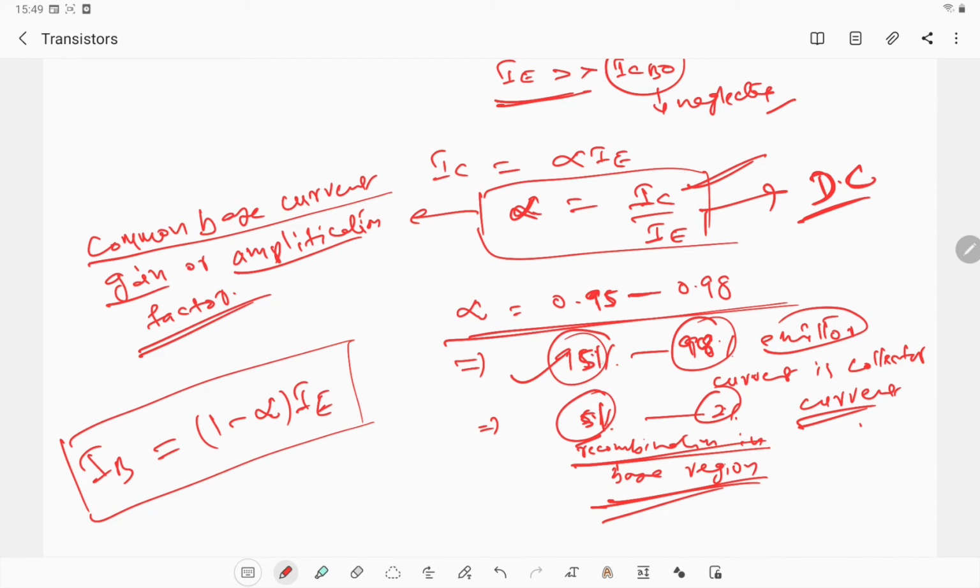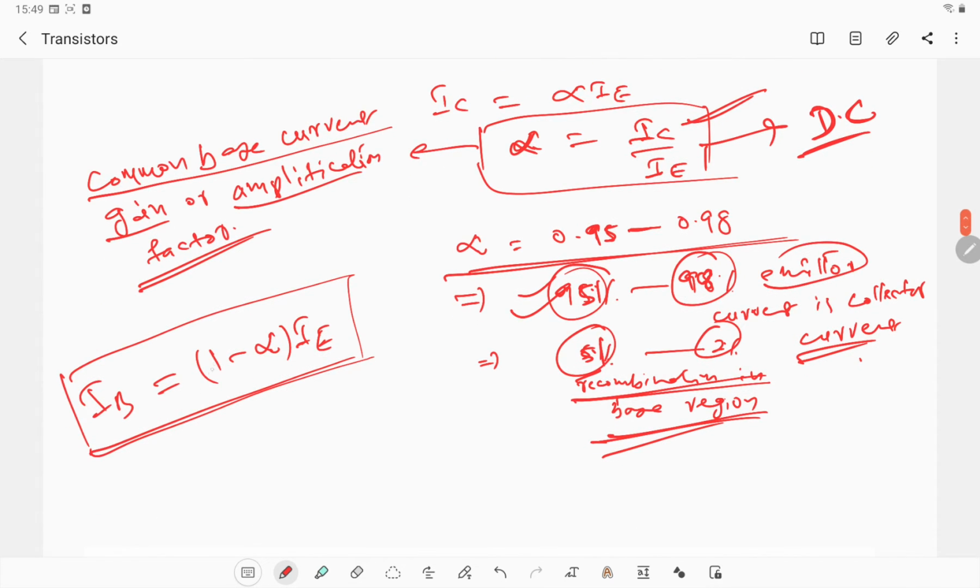Therefore, 98% of the emitter current is collector current. And this is another relation, IB is equal to (1 minus alpha) into IE.